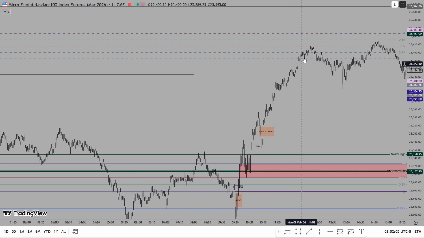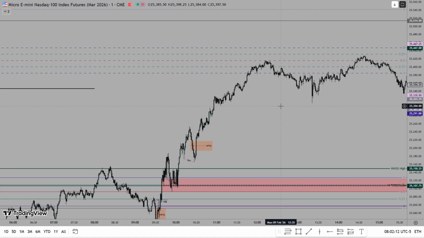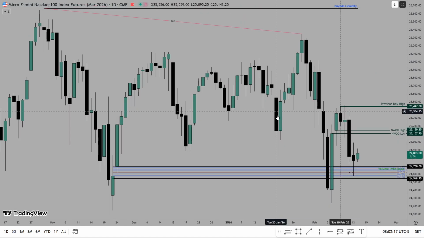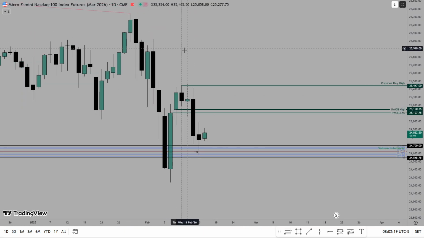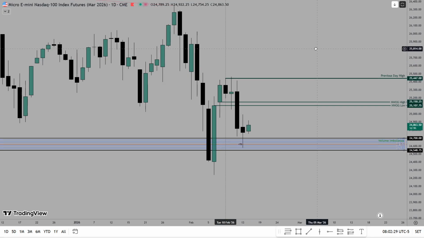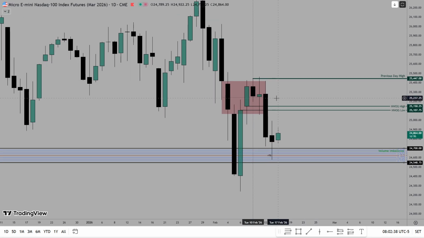Price started moving higher towards this buy side as well as this gap. Now let's separate. This is the candle. Before the analysis, we should mark this one.